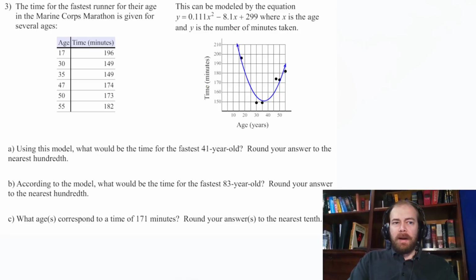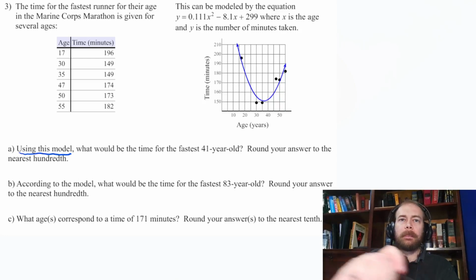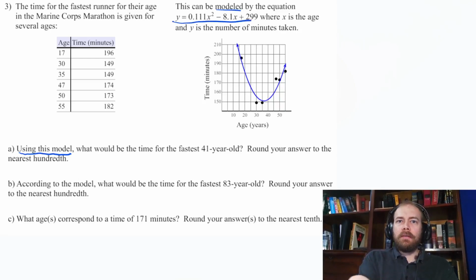Using this model, what would be the time for the fastest 41-year-old? Notice they don't actually have a time for the 41-year-old over here, but even if they did, they're saying to use the model. The equation is the model.